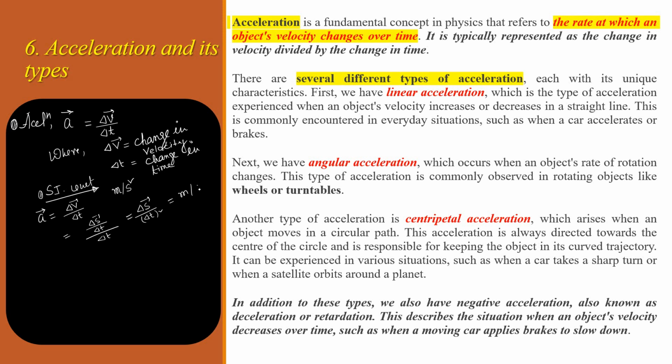Here the unit is meter per second square. In another way we can write meter s to the power minus 2, by applying indices. So the unit of acceleration is meter per second square, and the expression of acceleration is delta v vector divided by delta t, that is change in velocity divided by time taken.